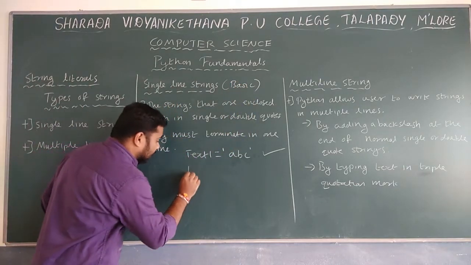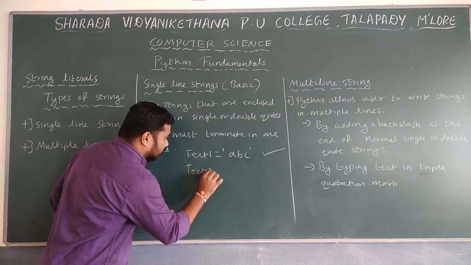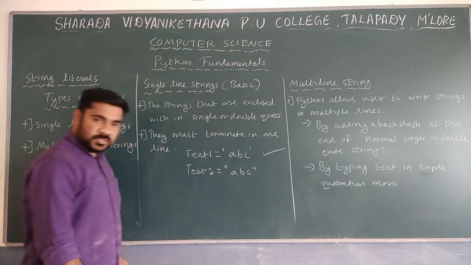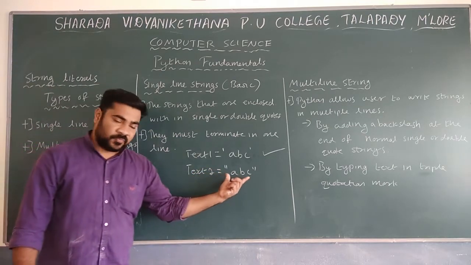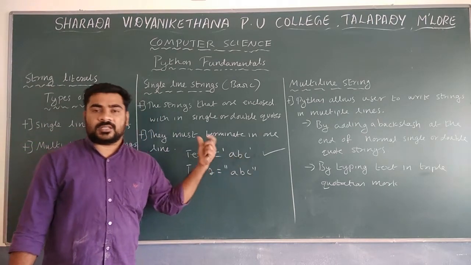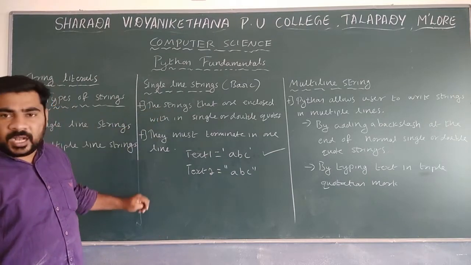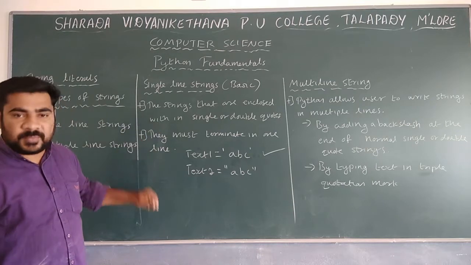Here I will take one more, text2 is equal to "ABC" in double quotes. That is also possible. Either a single quote or a double quote can be used. So these types of strings are known as single line strings, or basic strings.